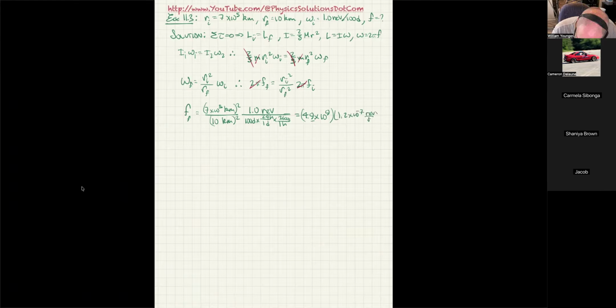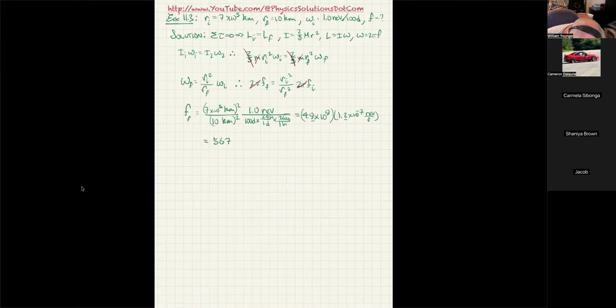revolutions per second. So now I can multiply that 1.2 times 10 to the negative seventh by the 4.9 times 10 to the ninth. Let me double check that. 1, 2, 3, 4, 5, 6, 7, 8, 9. That is 9. So 4.9 times 10 to the 9. And that gives me roughly 567, which is quite a bit more figures than we really had.